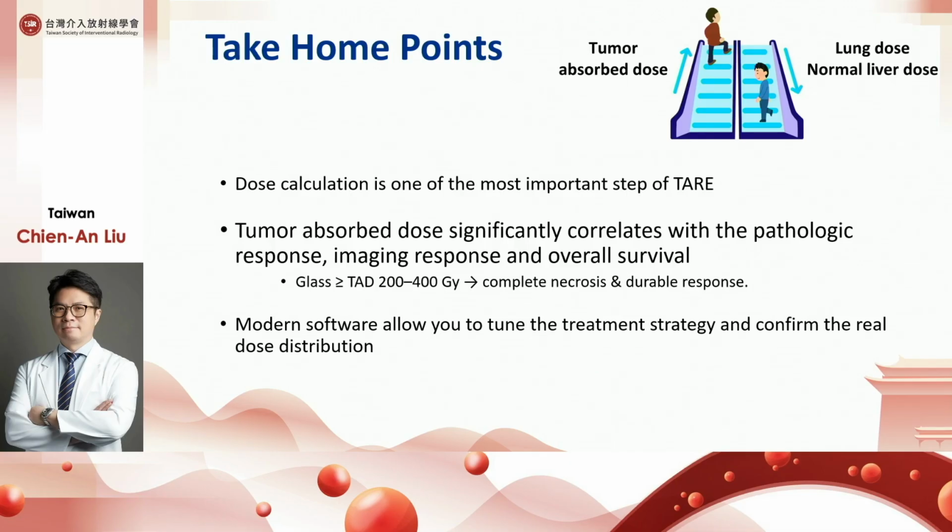For glass Y90, if you want to achieve complete pathological necrosis and a durable response, a tumor absorbed dose of 400 gray or greater is recommended if you can do it safely, like Professor Choi said. Modern software allows you to tune the treatment strategy and confirm the real dose distribution. Thank you.